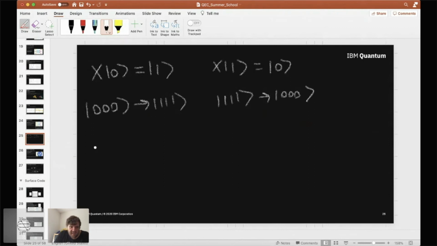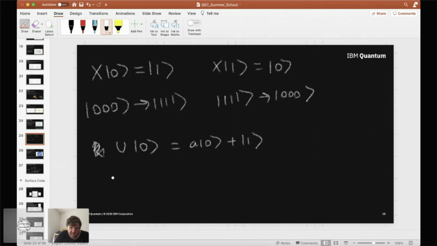But an RX gate, or any other single qubit rotation, in fact, so let's just say a U, any single qubit rotation would take 0 and make it some general superposition of 0 and 1.